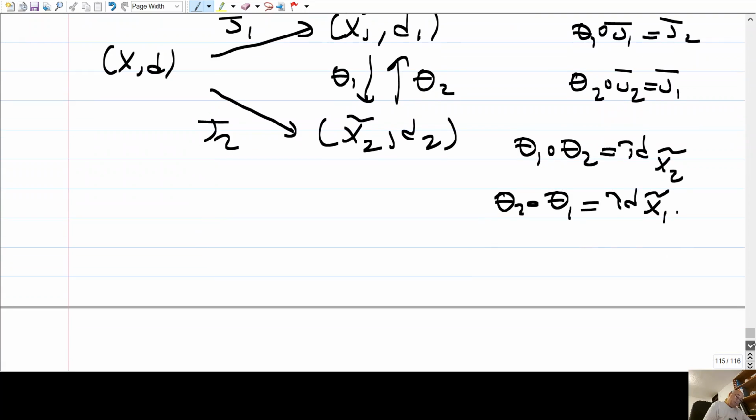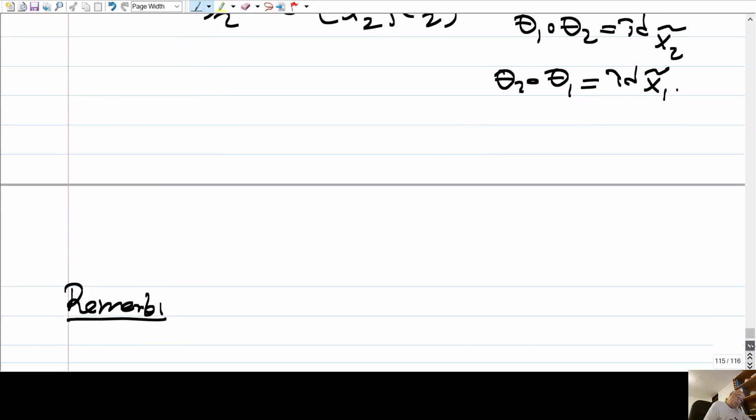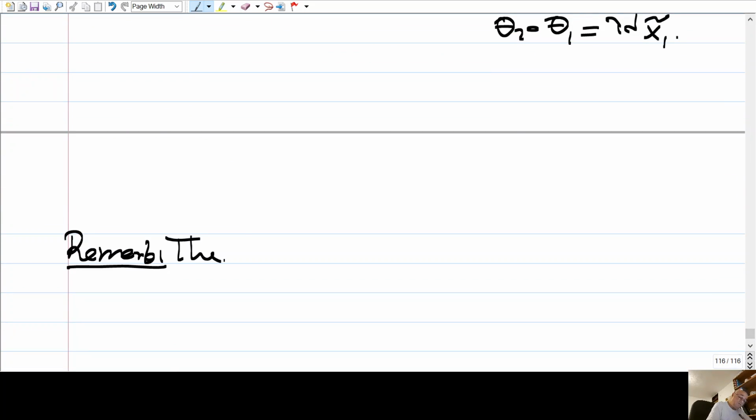Okay, the remark is the following: the book suggests two proofs for this.